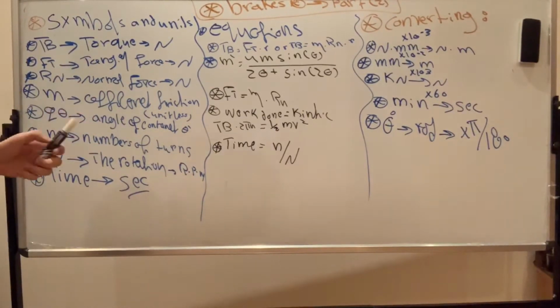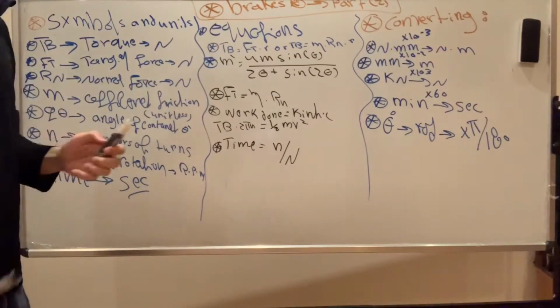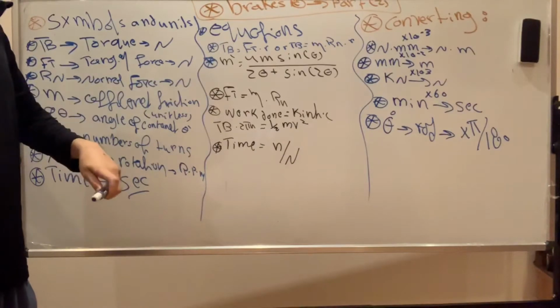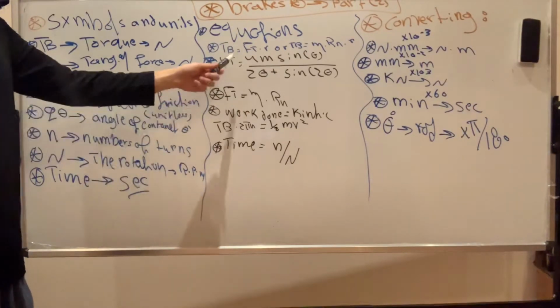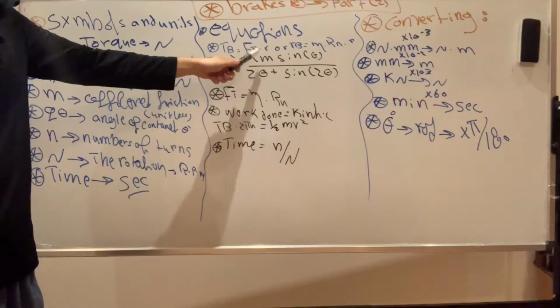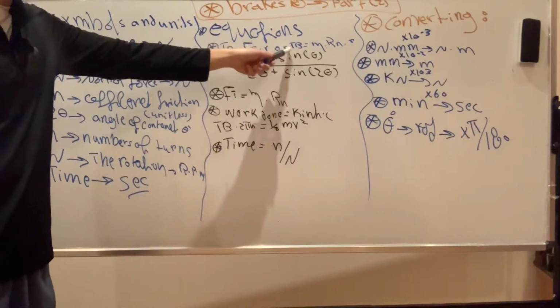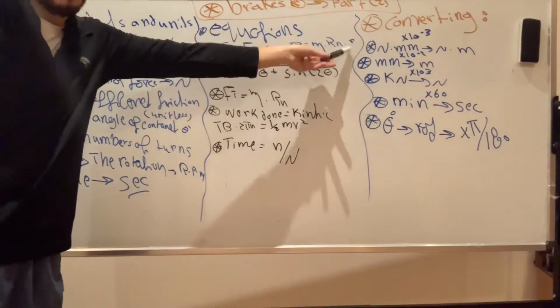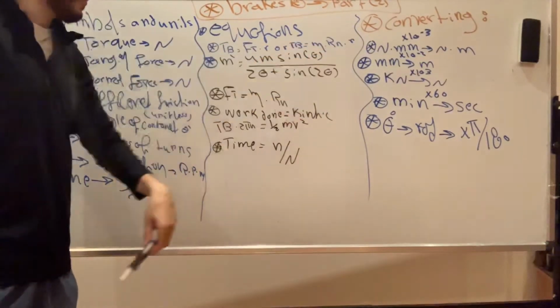Just focus. The equations in this chapter: the TB, the torque, equals FT multiplied by R, or also TB equals the coefficient of friction multiplied by the normal force multiplied by the radius.